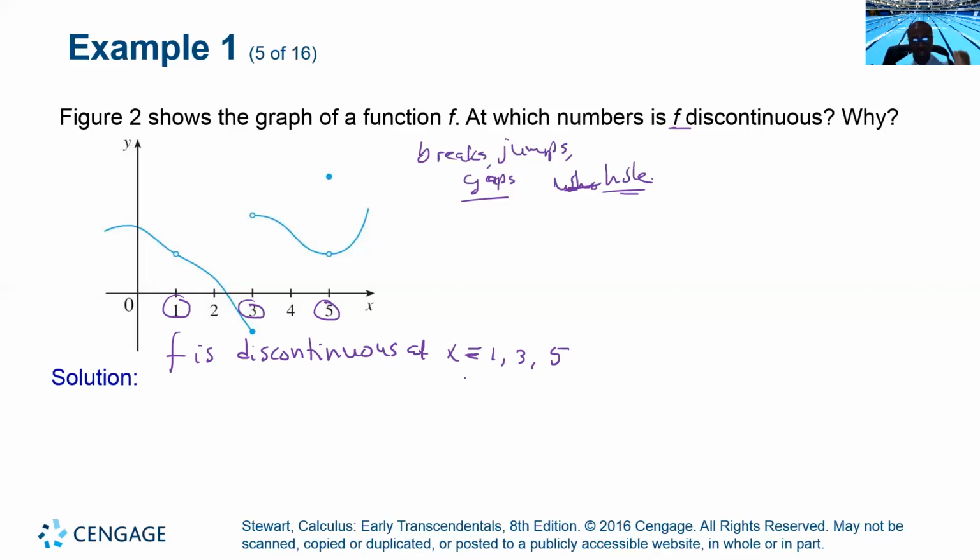Otherwise, it is continuous. Here there's a break, there's a hole, and then at 3, there's a jump, and then there's a hole at this place.